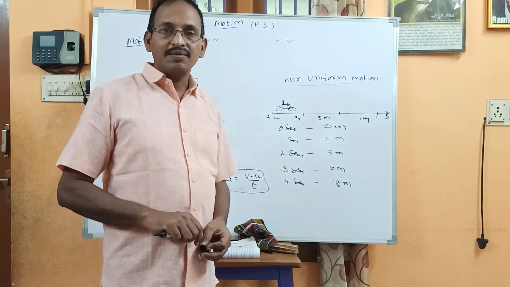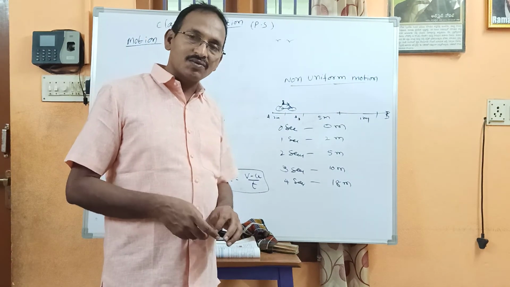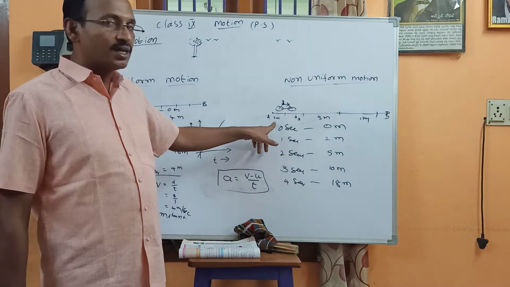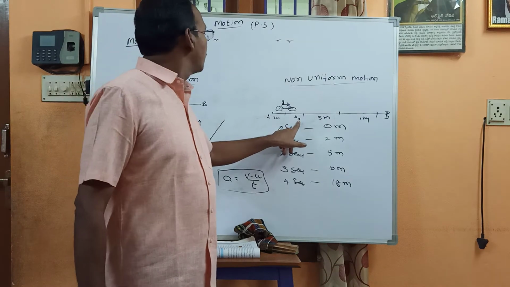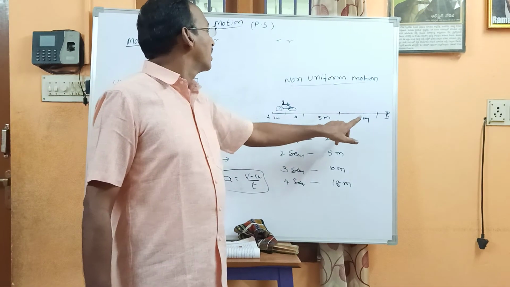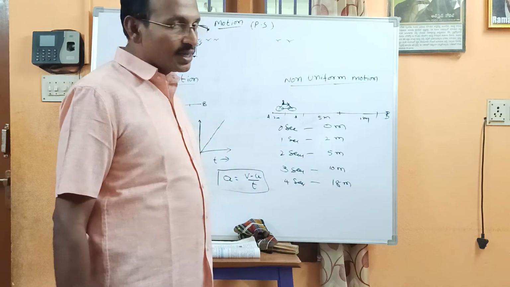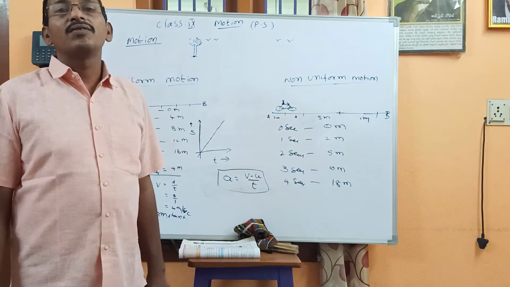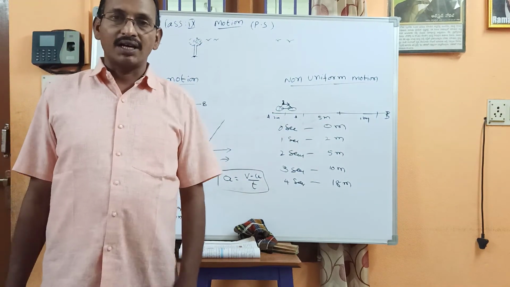So the distance covered by the cyclist, or any object whatever it may be, is not equal. Time intervals are equal. That is 1 second every time we are taking. But in first second it travels 2 meters. In second second it travels 3 meters. In third second it travels 5 meters. And in fourth second it travels 18 meters. That means it does not cover equal distances in equal intervals of time.